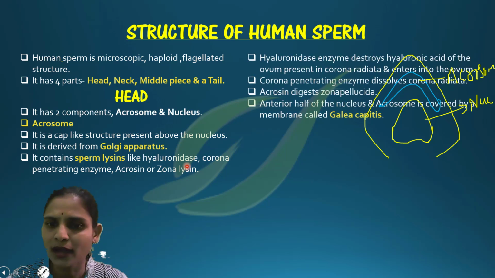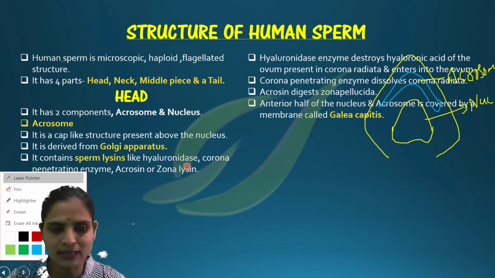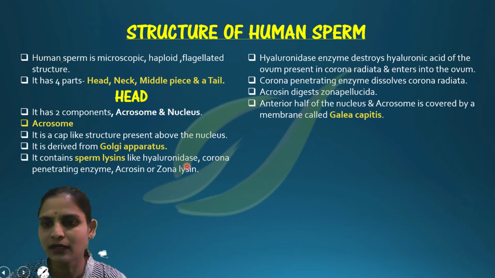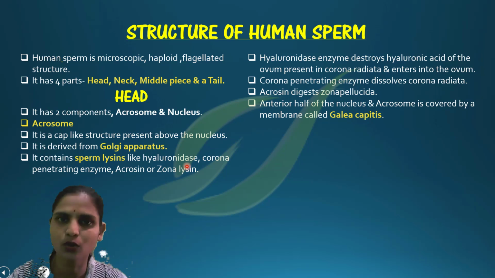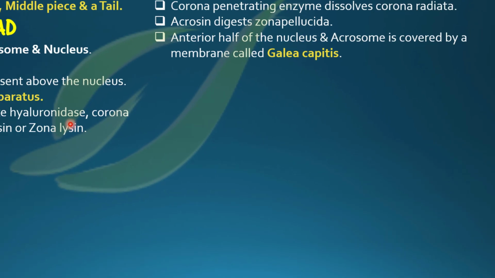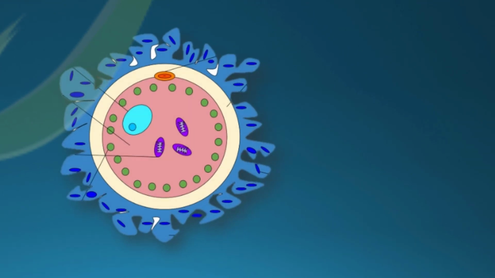Now coming to the hyaluronidase enzyme. This enzyme destroys the hyaluronic acid of the ovum present in the corona radiata, so that the sperm can enter. This is the structure of the egg.